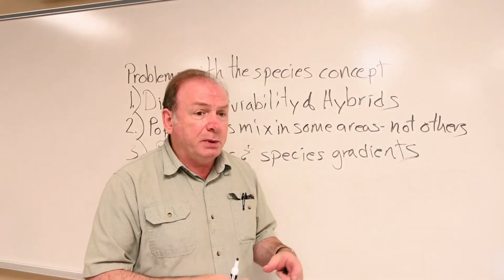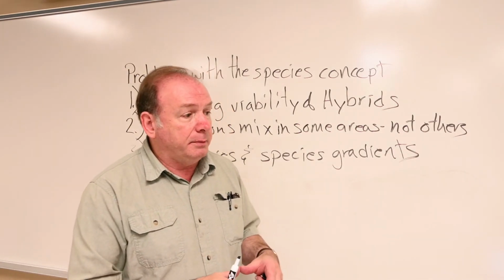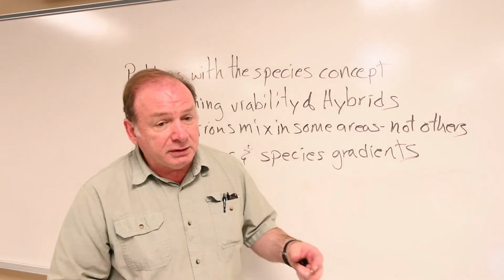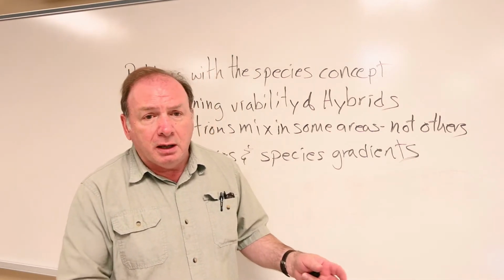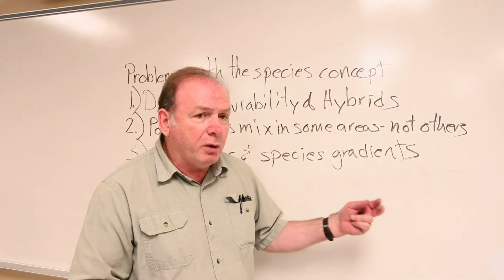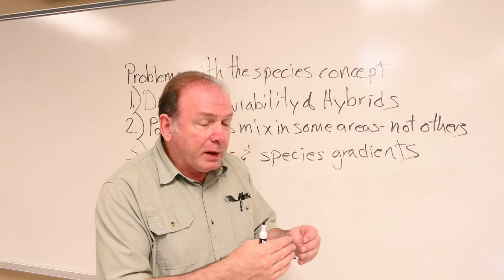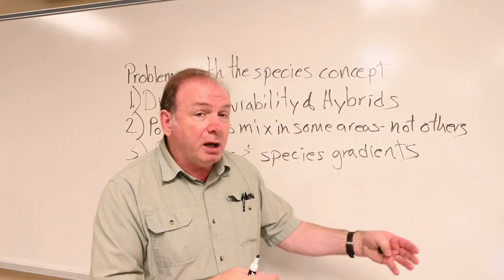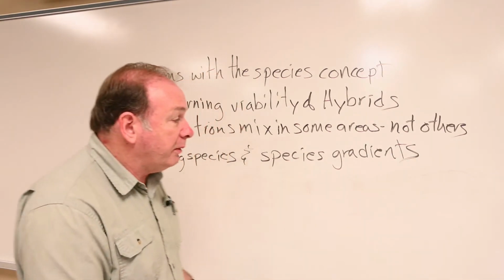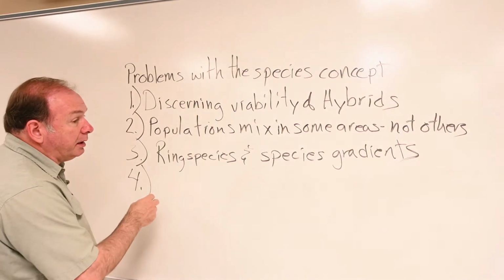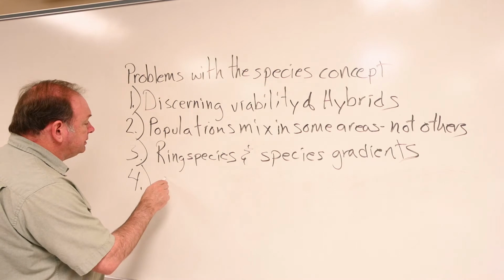So we'll have one species of lizard in one part of the country, another species that looks very similar to it hundreds of miles away, but we don't know if they were put together. They might look a lot alike. If they were put together, would they produce viable offspring? So we don't do enough checking for the viability of allopatric species.